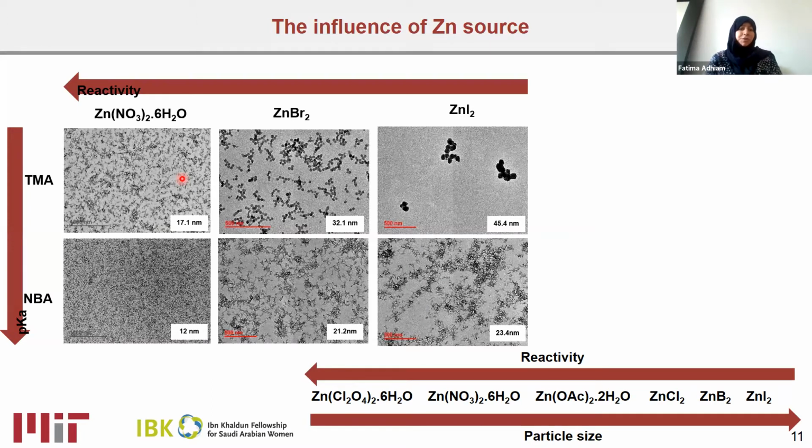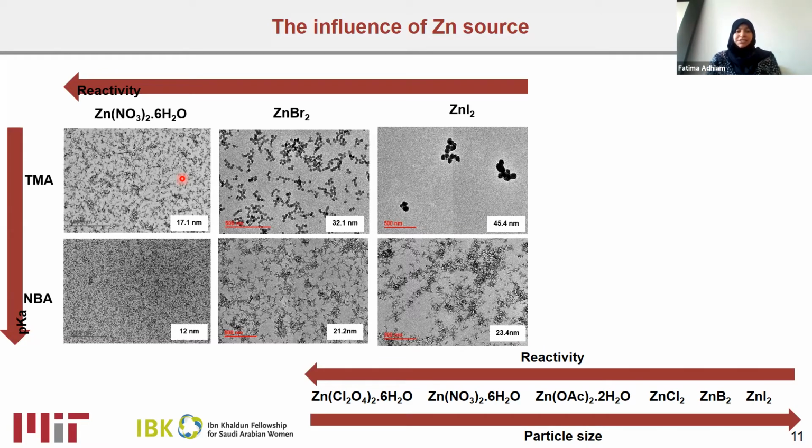This can be attributed to the following. In the case of zinc nitrate hexahydrate, the amount of zinc ions available for the reaction is huge, which leads to a large amount of nuclei, and these nuclei can only grow into smaller particle sizes because of the rapid reduction in the supersaturated solution.